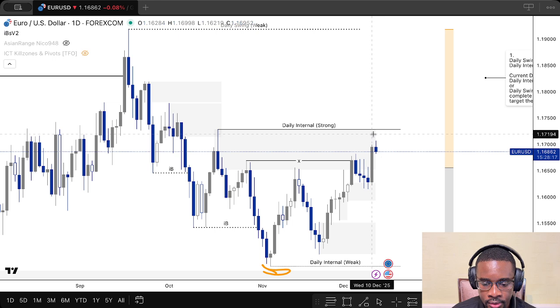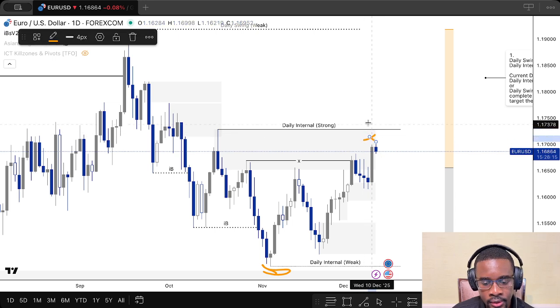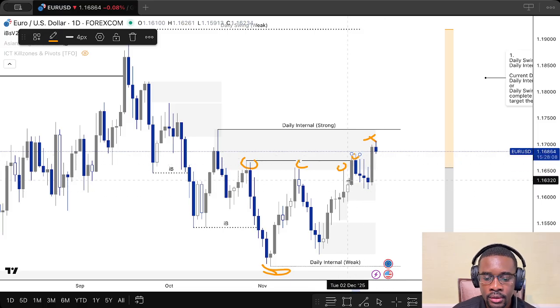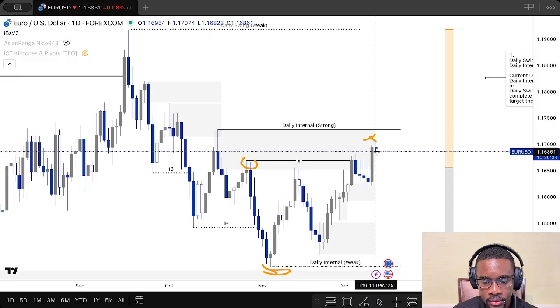I was expecting a deeper mitigation of this supply because it has already had 1, 2, 3, 4 tests, and this is a fifth one. So we were expecting deeper mitigation.